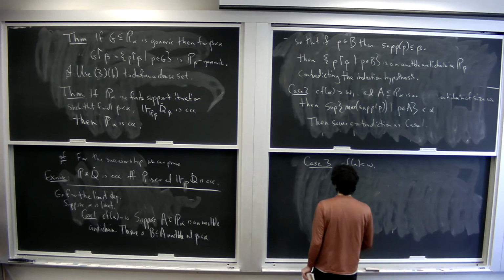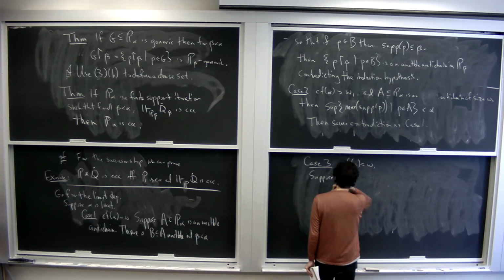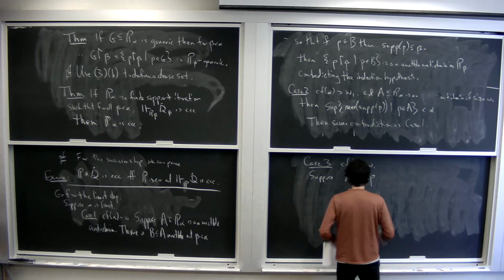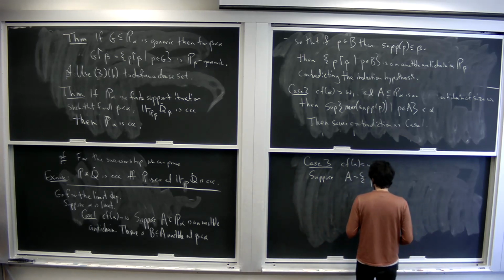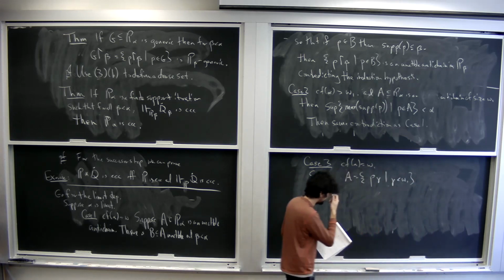Okay, so suppose that A is the collection of some P gammas for gamma less than ω₁. So we're actually going to need to write them this time.